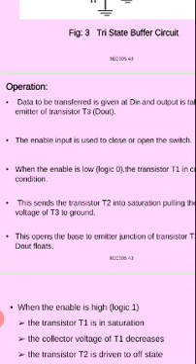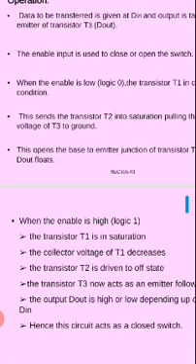When the enable is high at logic 1, the transistor T1 is in saturation. The collector voltage of T1 decreases. The transistor T2 is driven into off state.